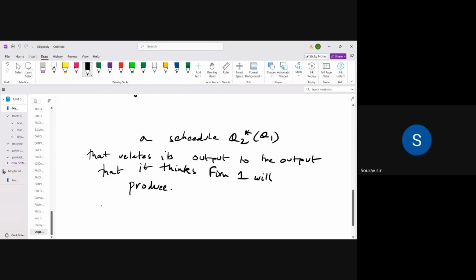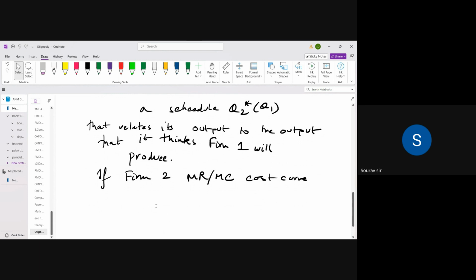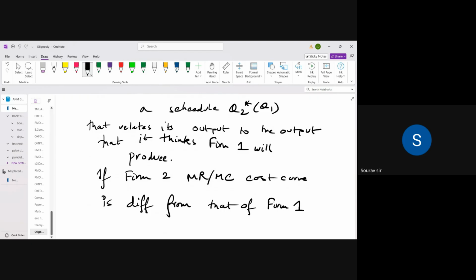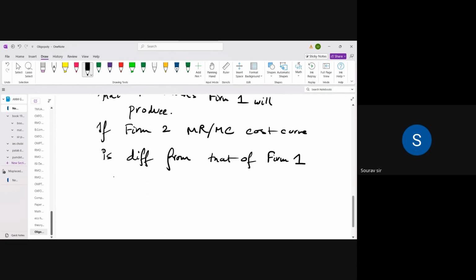If firm 2's marginal revenue or marginal cost curve is different from that of firm 1, its reaction curve will also differ in form.